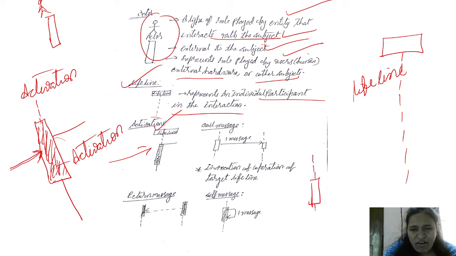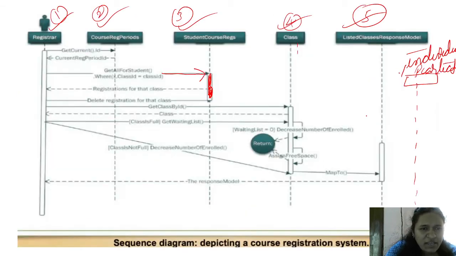This object is calling the other object. Whenever there is an arrow like this to another object, this is a call message.